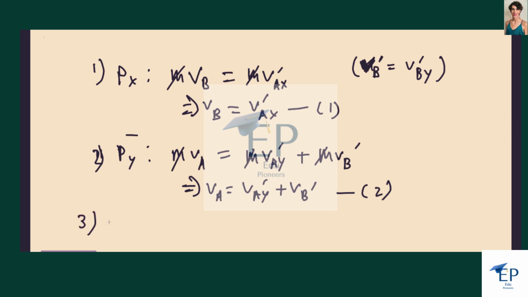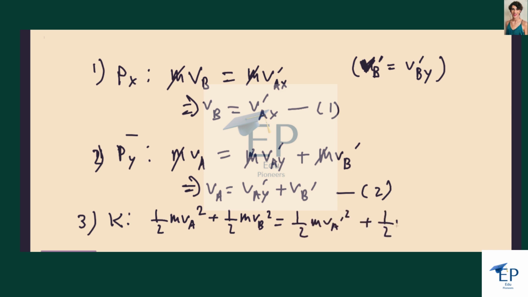And the third equation we're going to use is the conservation of kinetic energy. Initial kinetic energy will be equal to final kinetic energy. Initially, you have 1/2 m vA squared plus 1/2 m vB squared. Finally, you have 1/2 m vA prime squared plus 1/2 m vB prime squared, because energy is only about magnitude, not direction. Remember that.